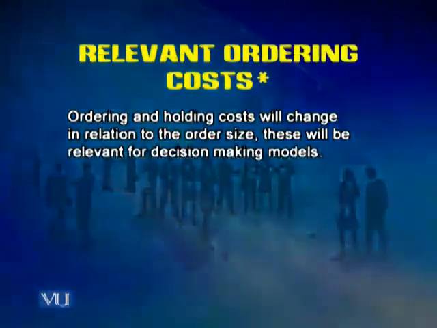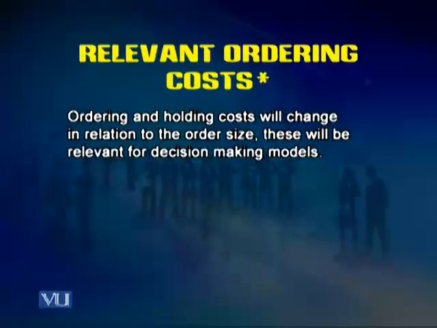So therefore, purchase price of the stock we are going to regard as irrelevant. Ordering and holding costs will change in relation to the order size. These will be relevant for decision-making models.